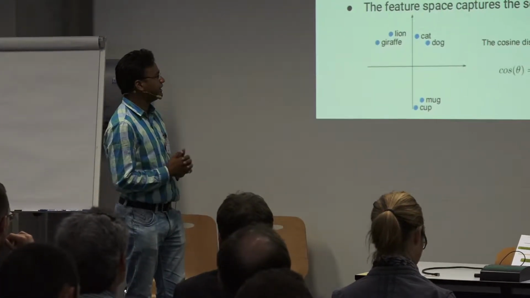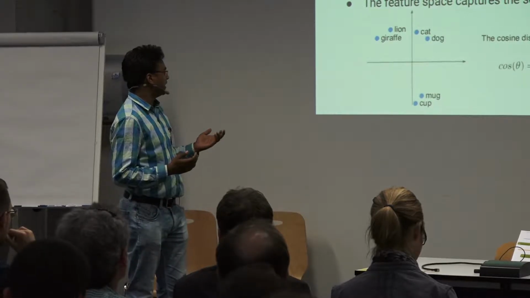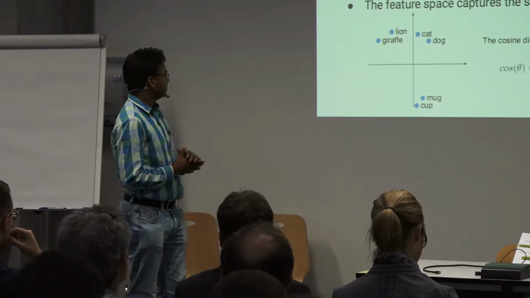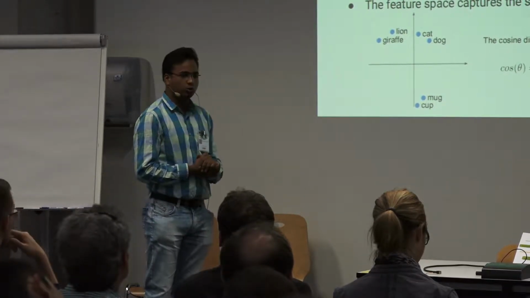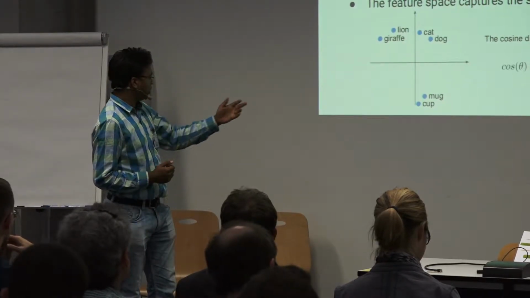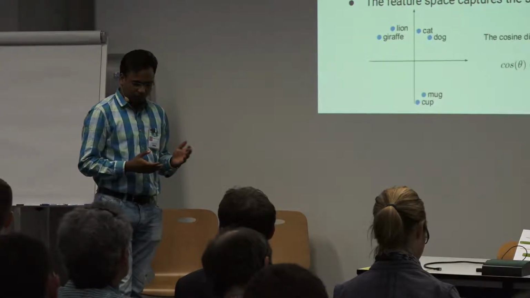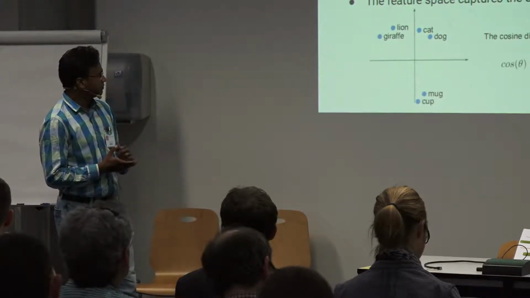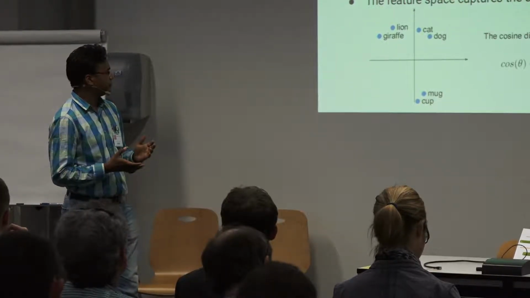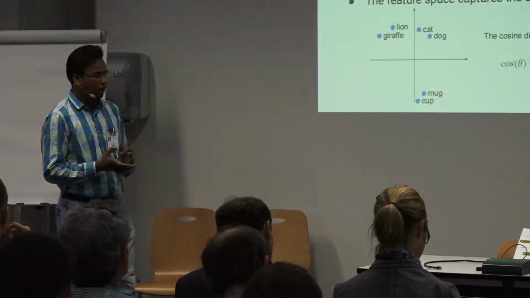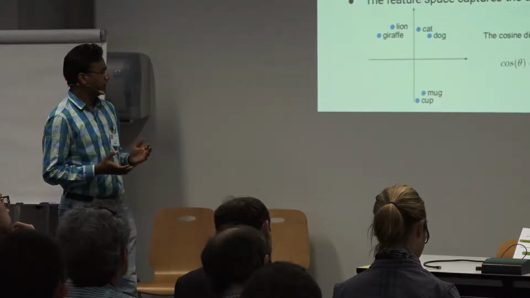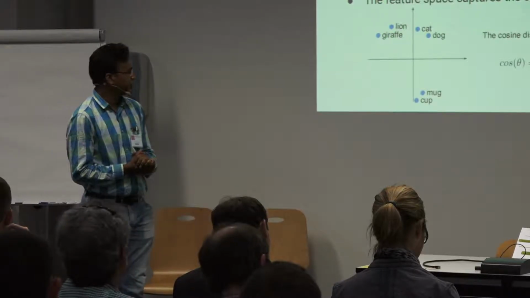In this case, you can see that lion and giraffe, which are wild animals, occupy a closer position as compared to the pet animals or household items like mug and cup. In general, to denote the distance between two words, we generally use the cosine distance, or we can also use other metrics like Euclidean distance.